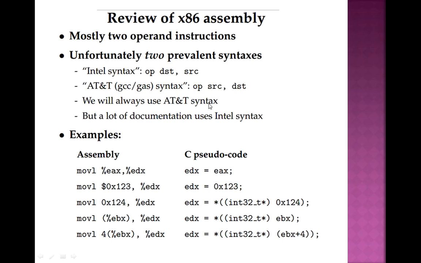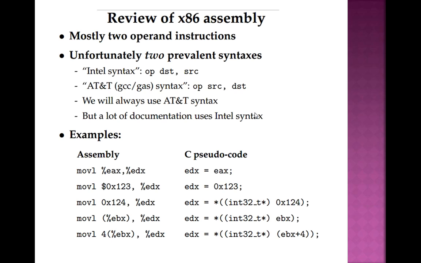But a lot of documentation uses Intel syntax. So it is a choice whether you use Intel syntax or AT&T syntax, but here the assembler always uses AT&T syntax for writing assembly language programs.